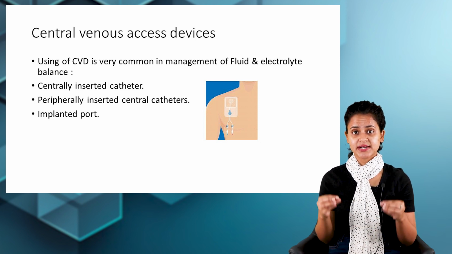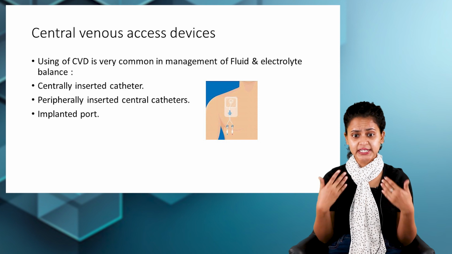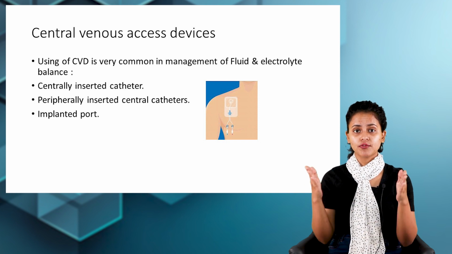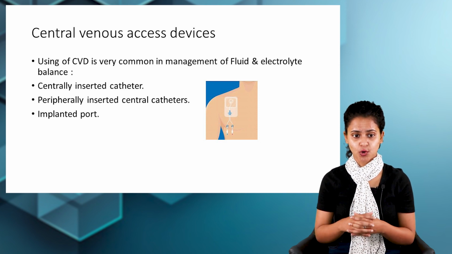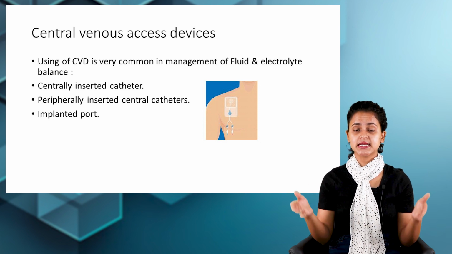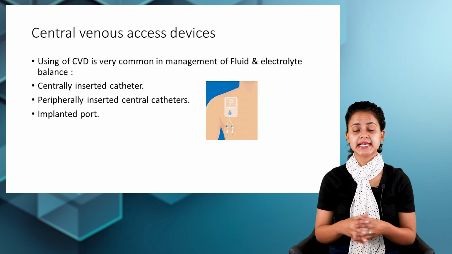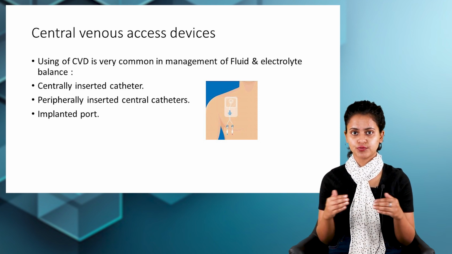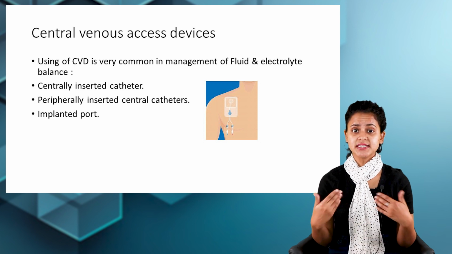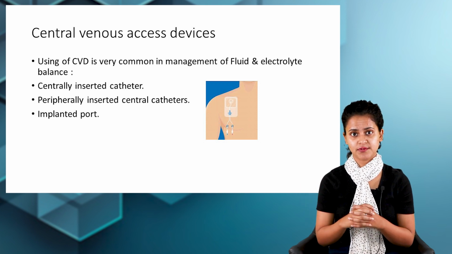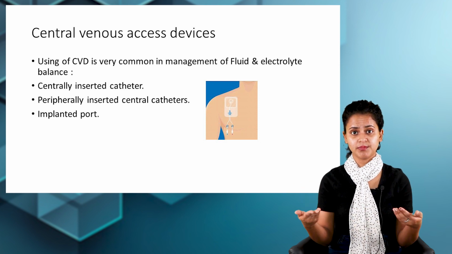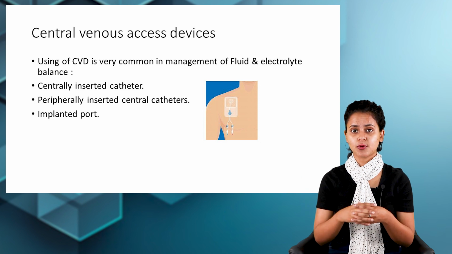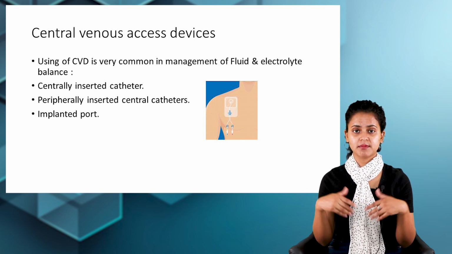Using this central venous access device is very common in the management of fluid and electrolyte balance. We are going to see the usage of centrally inserted catheters, peripherally inserted catheters, as well as implanted ports. This helps to monitor the hemodynamic stability, as I mentioned, and helps to collect samples from the central vein as well as to administer medications.